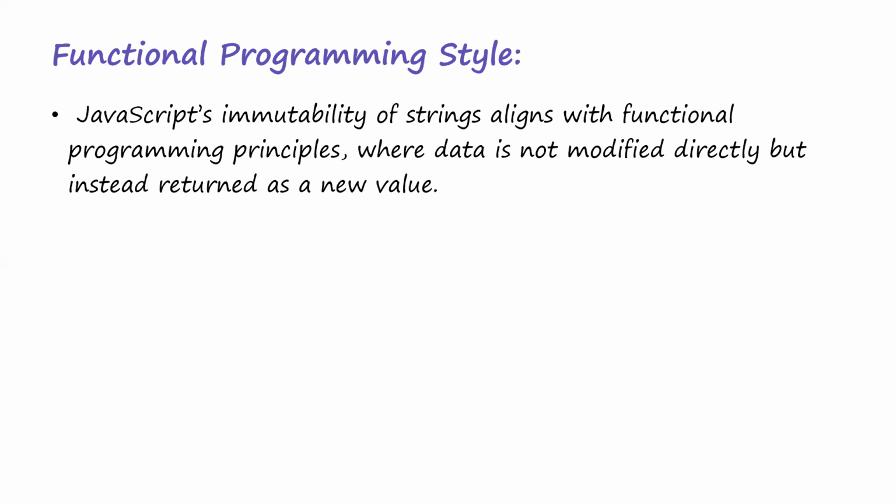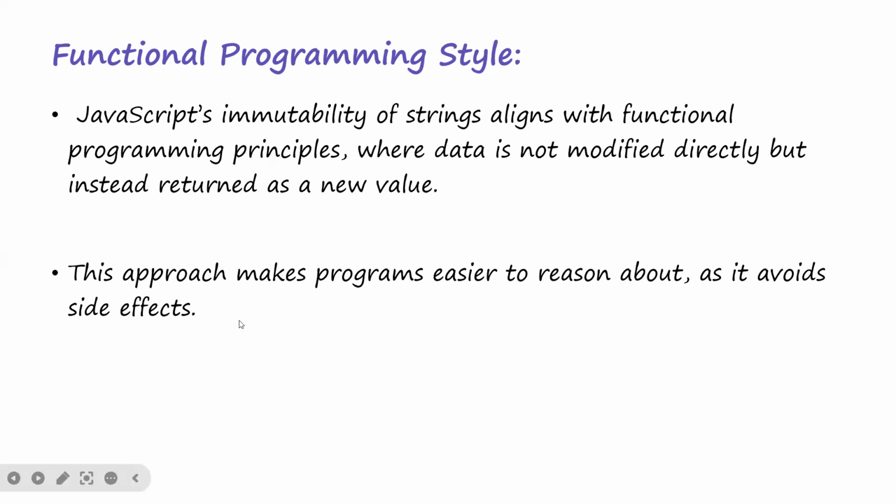Do you understand? That is why string immutability is very good. This approach makes programs easier to reason about and avoids side effects. Side effects in your program are not good. So whenever you want to modify any object or string, whatever you're modifying should return a new string or a new object, not modify the original data.